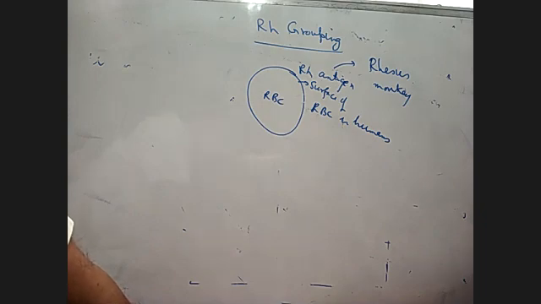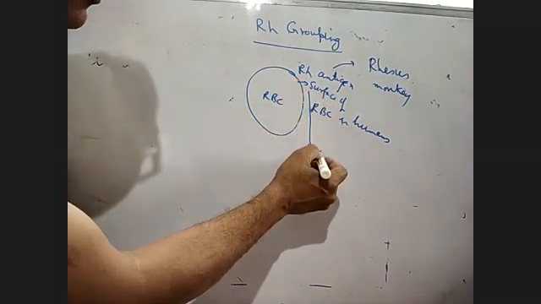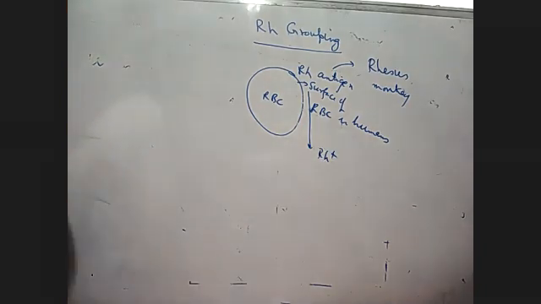If it is found on the surface of the RBC of a human being, then this kind of individual is called RH positive.